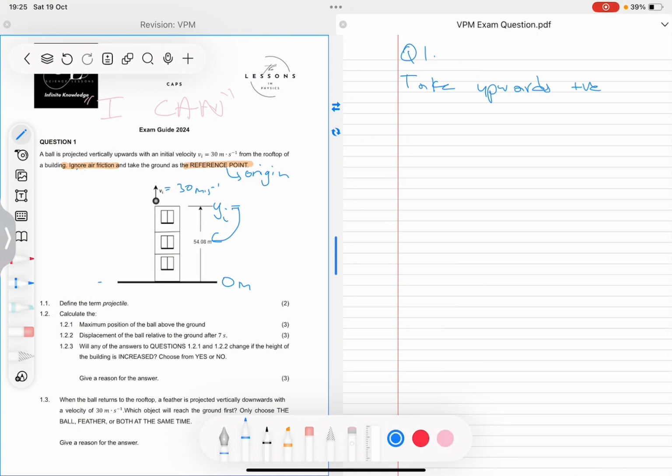But it's also very important to notice that this will be negative, because remember that the acceleration is a vector that always goes vertically downwards. And I've chosen up as positive, so this would be negative 9.8 meters per second squared.